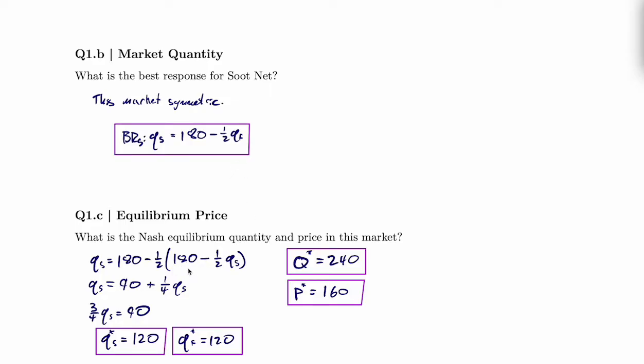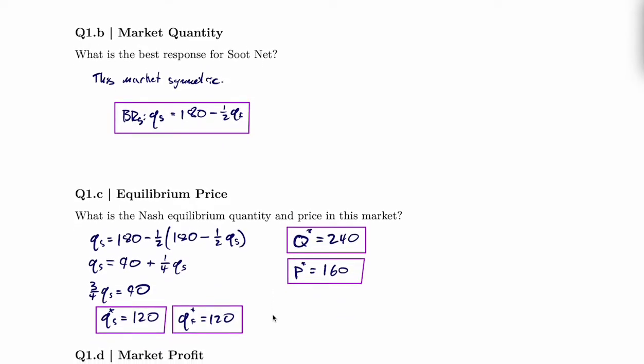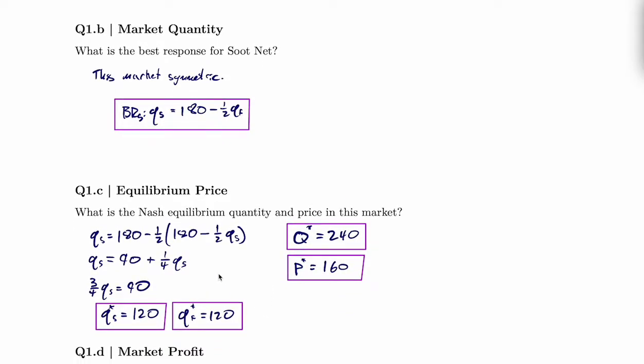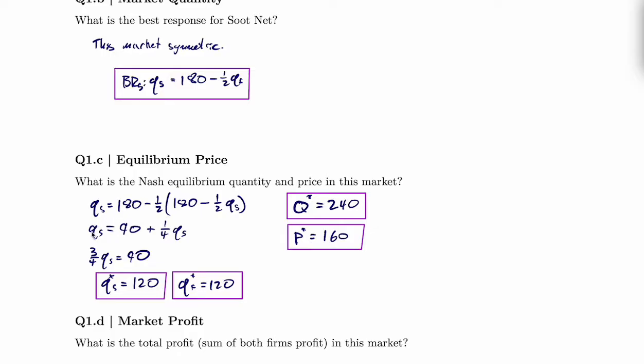So we take Fast Flu's best response and plug it into SootNet's best response. We have two equations, two unknowns, and plugging one into the other allows us to solve for QS on its own. When we plug this in and simplify, we get QS star, the equilibrium quantity for SootNet, to be 120.